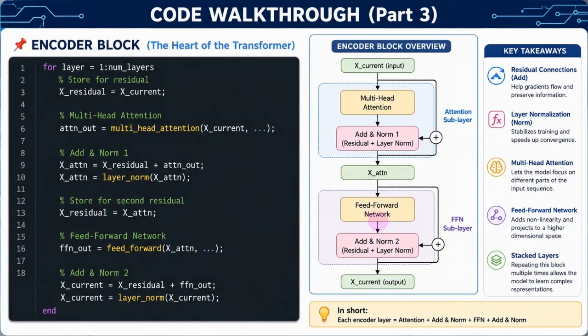Compute FFN, add the residual from before the FFN, and normalize again. This entire block is repeated number_layers times. In our case, twice. After the final block, we extract the last position and apply the linear prediction layer. All of this is inside a custom training loop that uses gradient descent to update the weights based on the mean squared error loss.